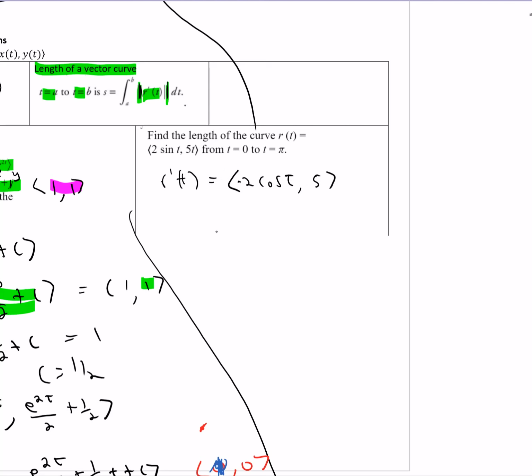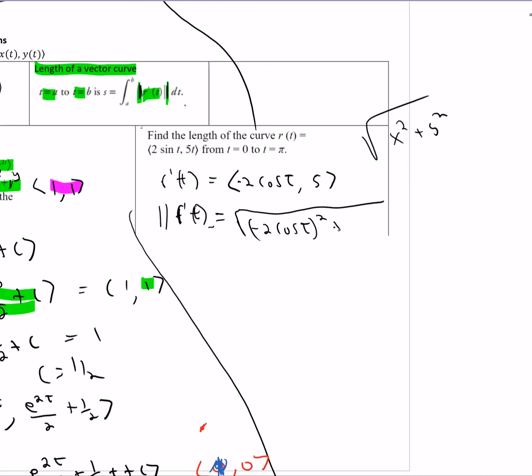The magnitude, remember, is basically the distance, which is the x piece squared plus the y piece squared. So the magnitude of r prime of t is going to be the square root of negative 2 cosine t squared plus 5 squared. And then we have to integrate that, right?